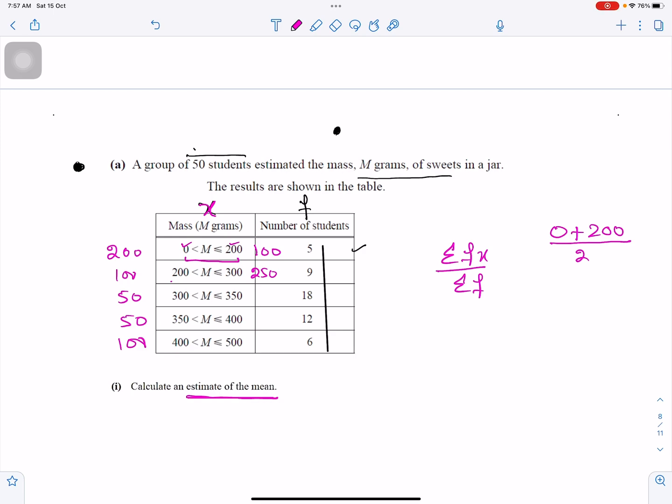In this case, it will be 325. Why? I'm just adding 300 and 350 and dividing by 2, right? If somebody wants to use a calculator, he can do that. Or because these are simple values, you can easily do it mentally. And in this case, 375. In this case, 450.